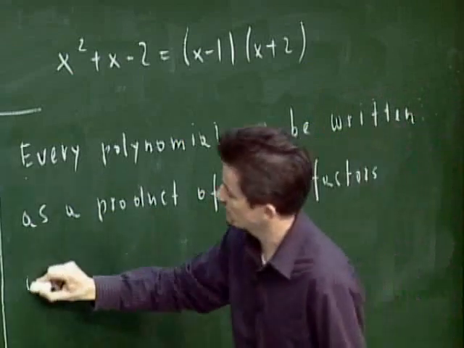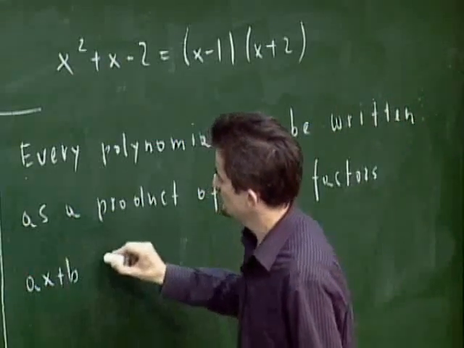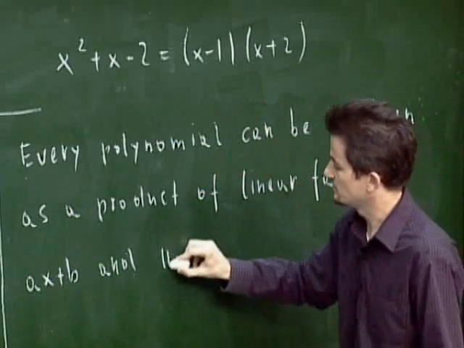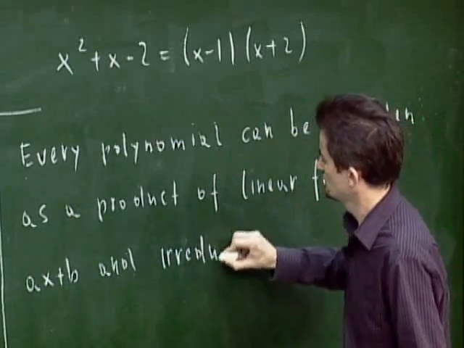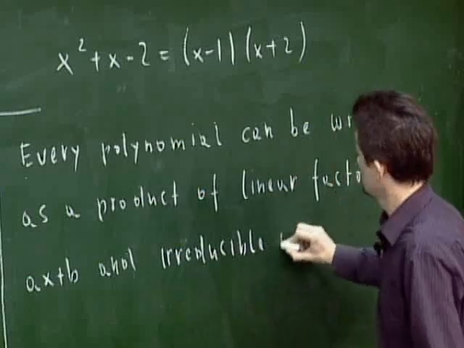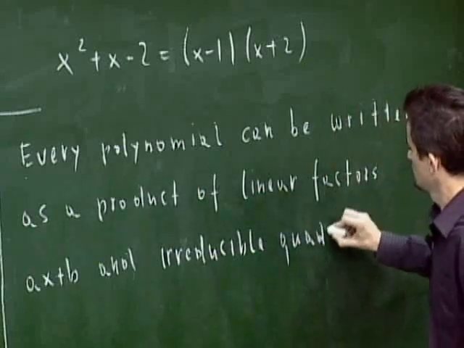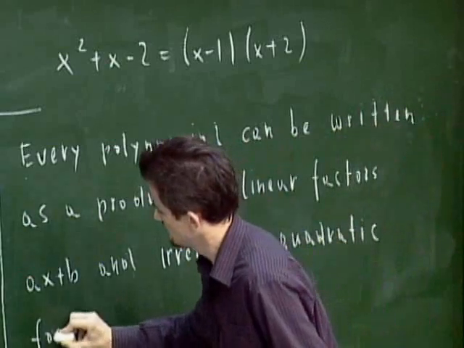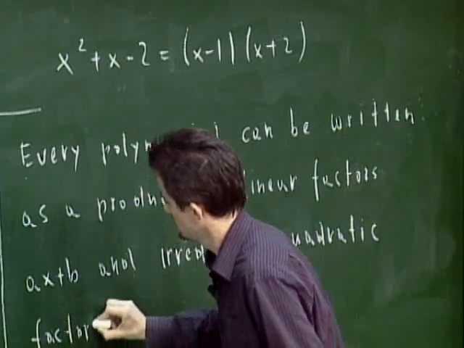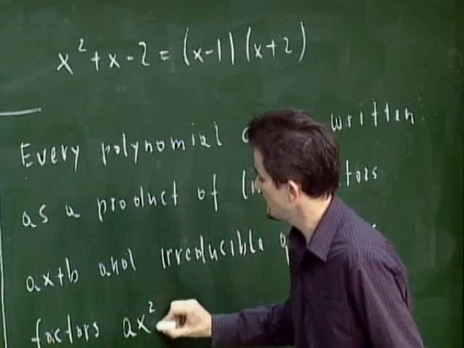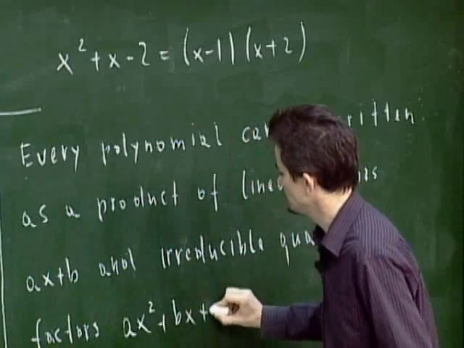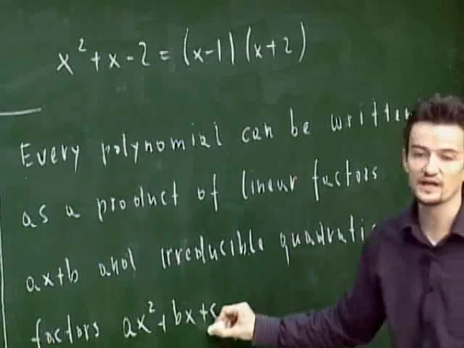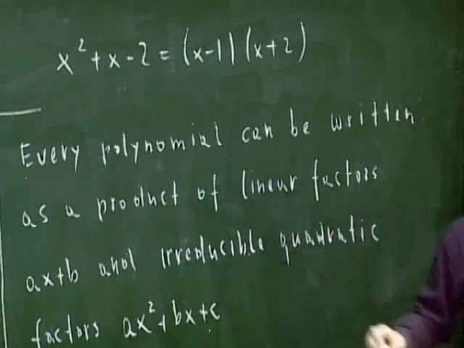These are polynomials of the form ax plus b, and what we call irreducible quadratic factors. These are polynomials of the form ax squared plus bx plus c, but the irreducible here means you cannot write it as a product of linear polynomials.